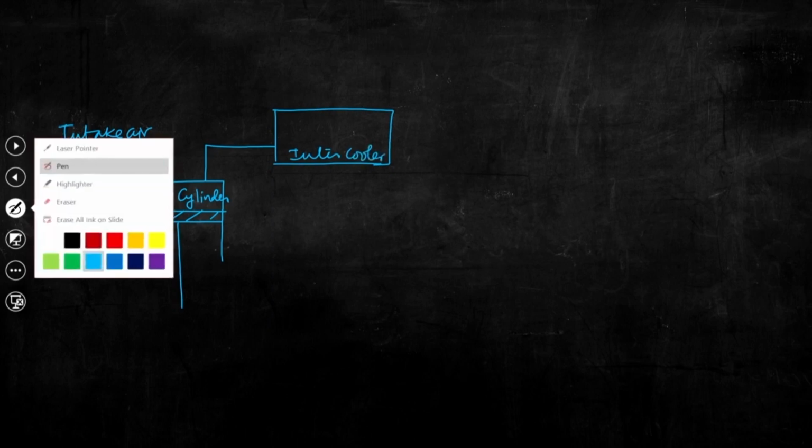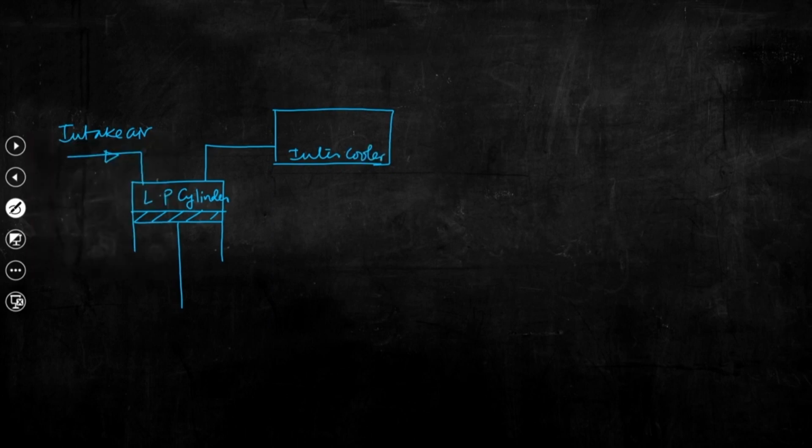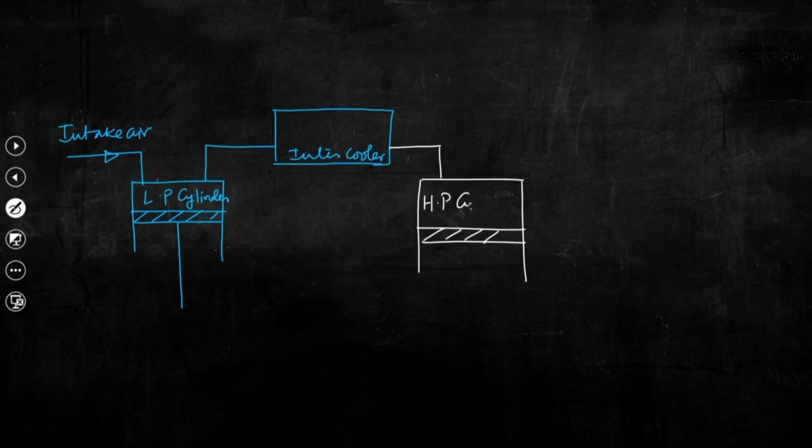and from the intercooler we are again taking the working fluid to another cylinder, that is the high pressure cylinder. HP stands for high pressure, LP stands for low pressure, and finally that compressed air will be discharged.